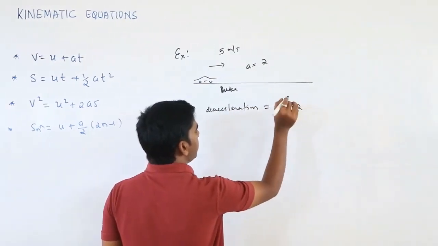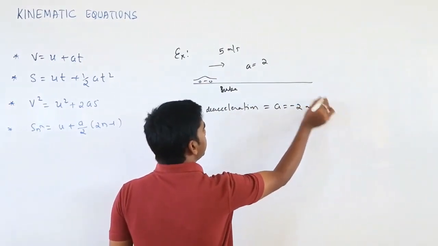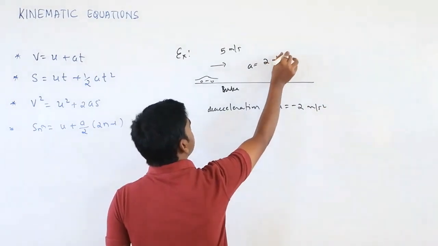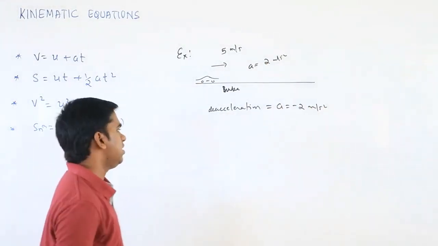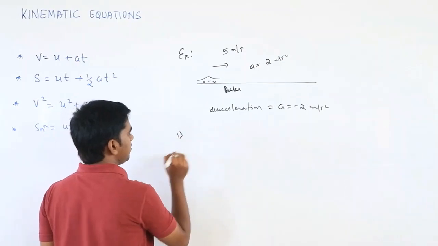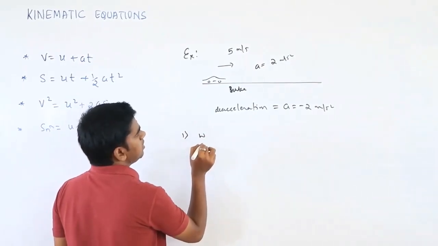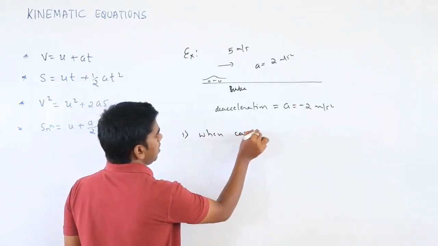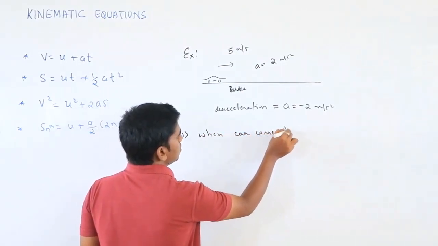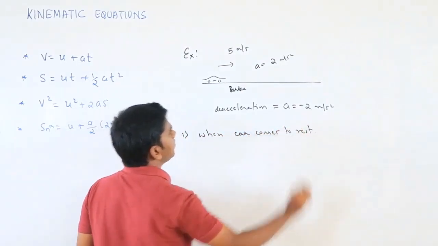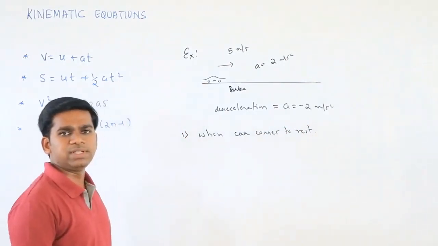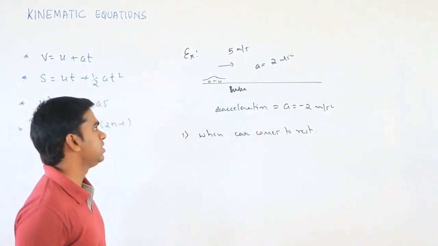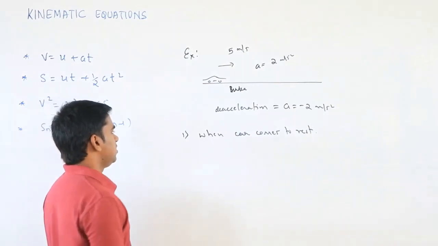You have to take minus 2 meter per second square. Okay. So they may ask the question. One is, when car comes to rest. They are asking at what time car comes to rest.